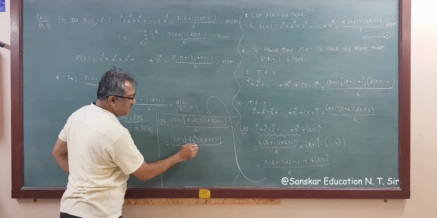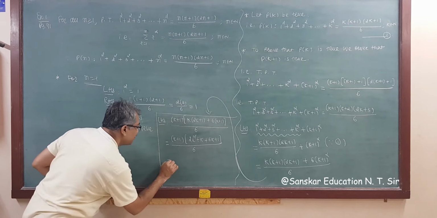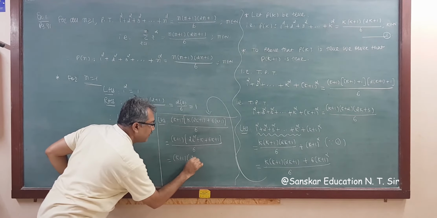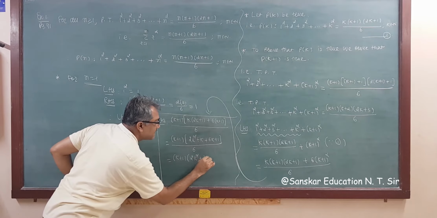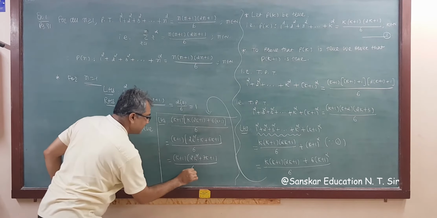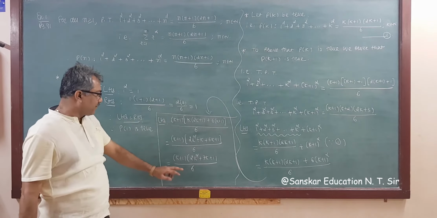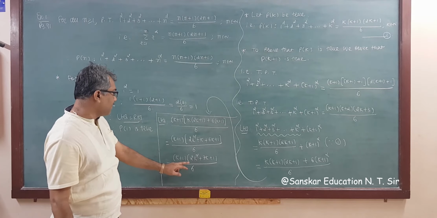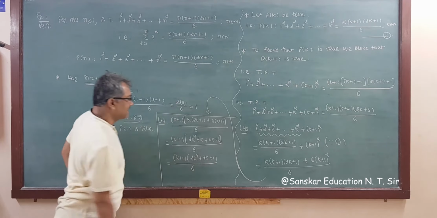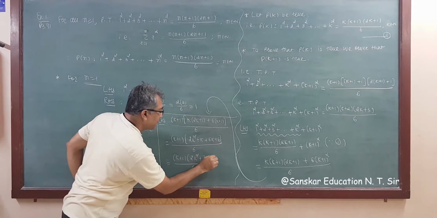Now this is 2k square plus 7k plus 6, so this is k plus 1 times 2k square plus 7k plus 6 divided by 6.